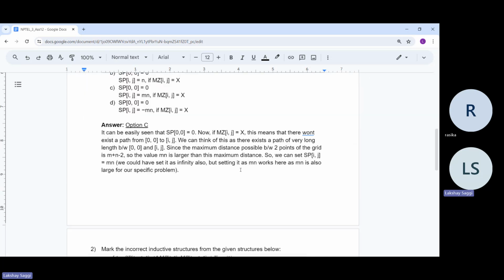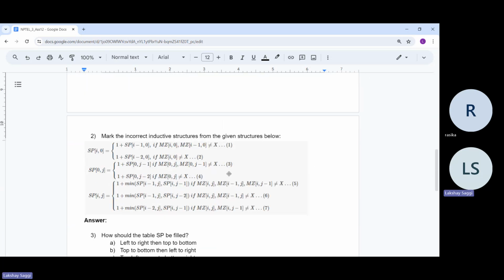We need to count the number of jumps. And note that i-1 does not have a hurdle, so we don't need to jump anyways. So actually, we won't need to jump from i-1 to i. We can just straight up move. So SP(i, 0) should be equal to SP(i-1, 0), because we are given that there is no hurdle at i-1.